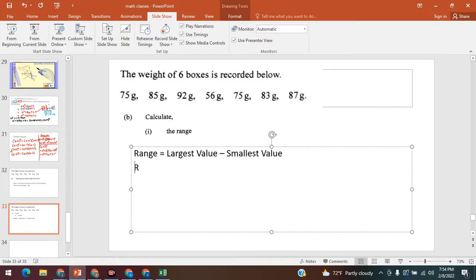What's the largest value? 92 grams. Minus the smallest, 56. What is 92 minus 56?